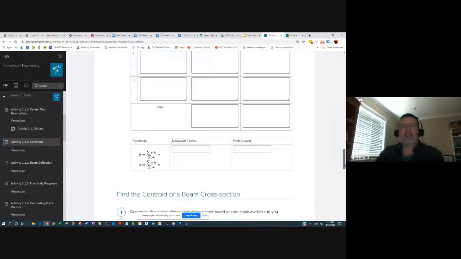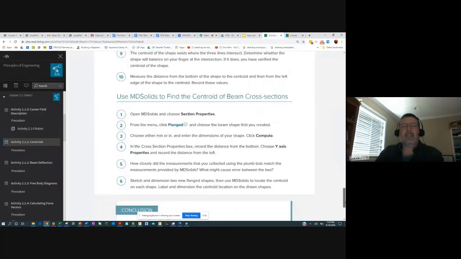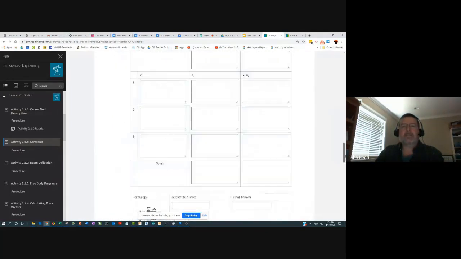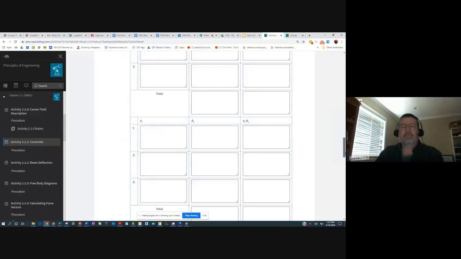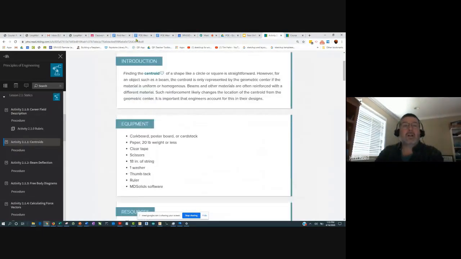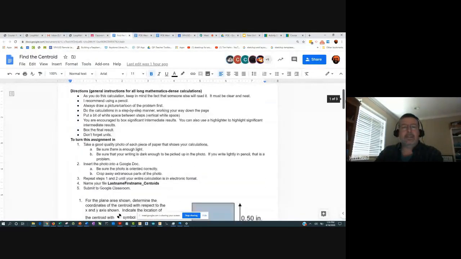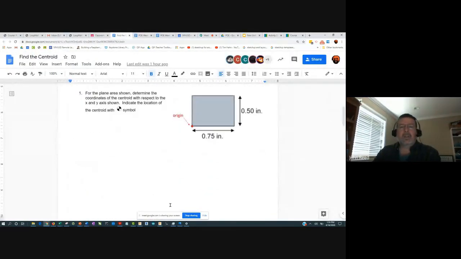So we won't use this thing called MD Solids, which is a program that we don't have access to. And I won't have you make the construction. You'll do that in physics class if you haven't already done so. So I've got this other assignment, and here it is. First of all, before I get bogged down in the directions, I'd just like you to find the centroid of some simple shapes and then a few more complicated ones.